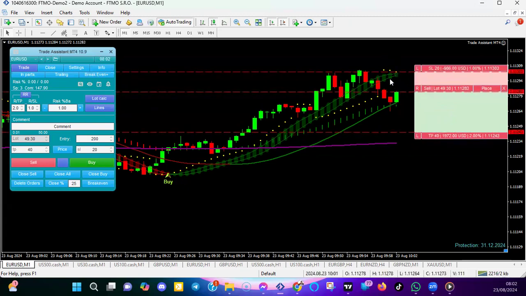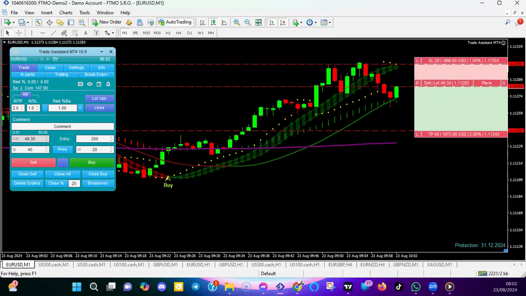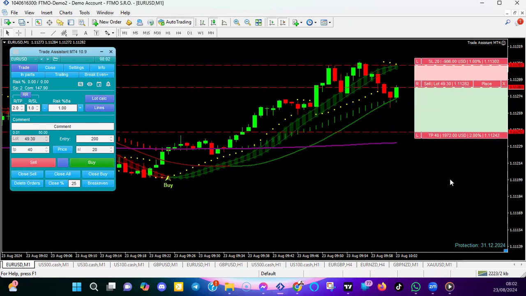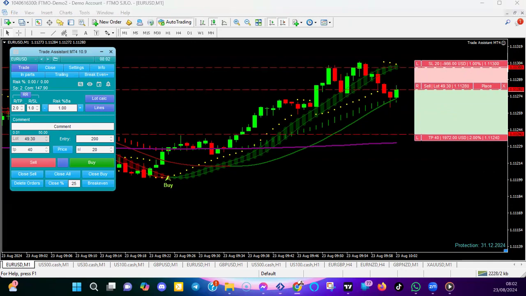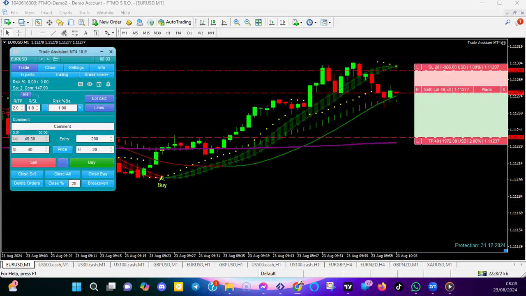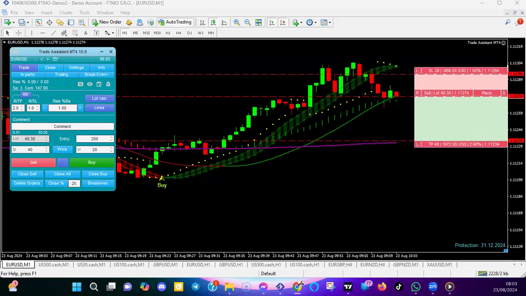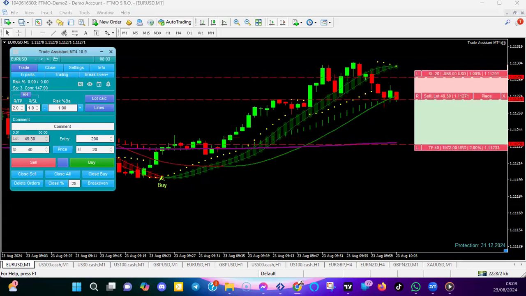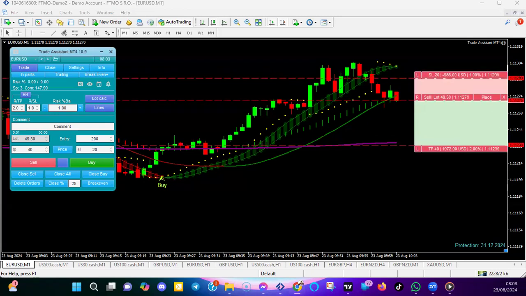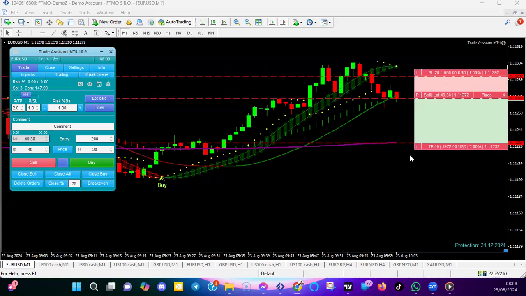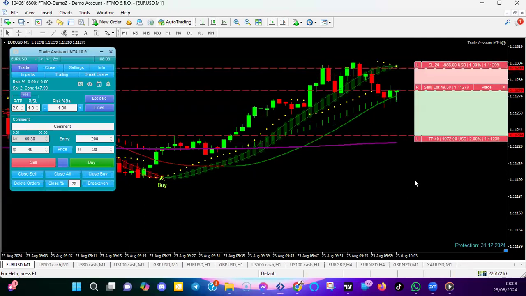And by that time, the volume would be red as well. So we are getting a bit of volume for the downward movement. Let's hope we can get a trade.